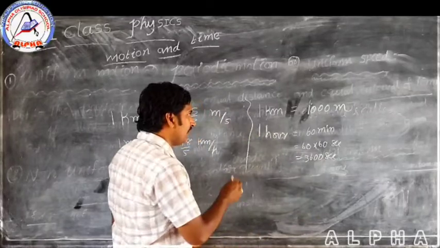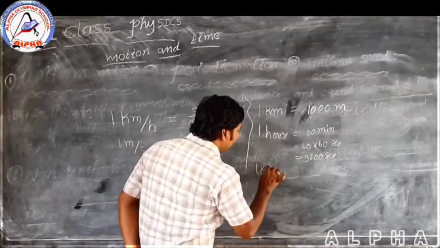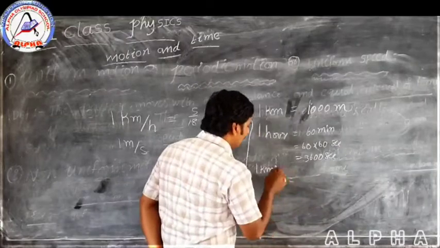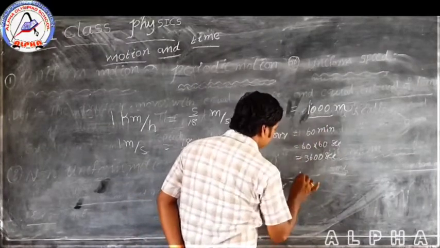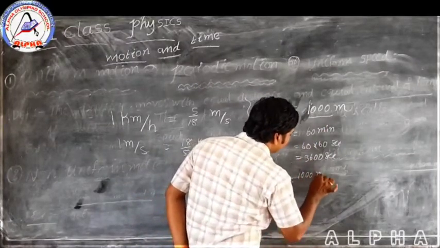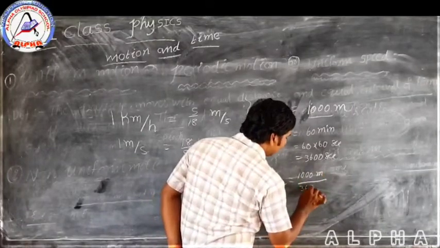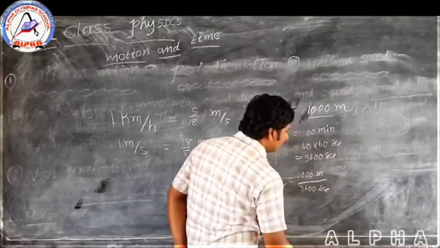So 1 kilometer per hour is 1000 meters divided by 3600 seconds.